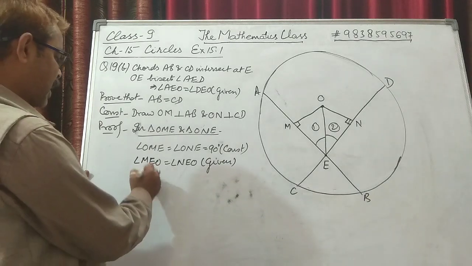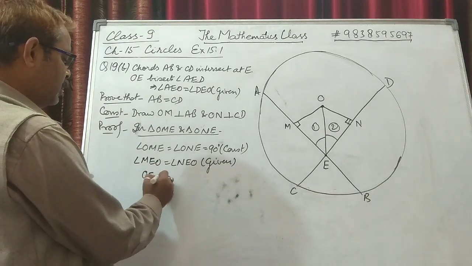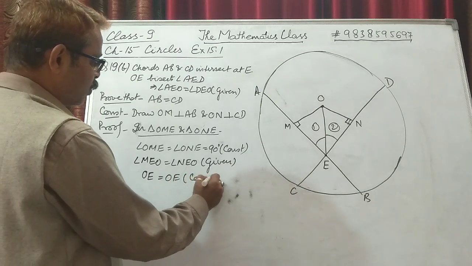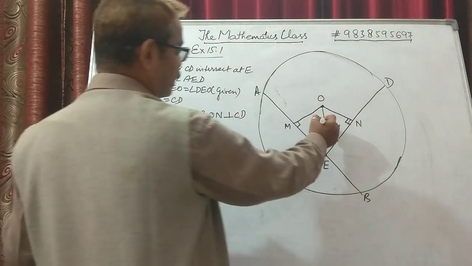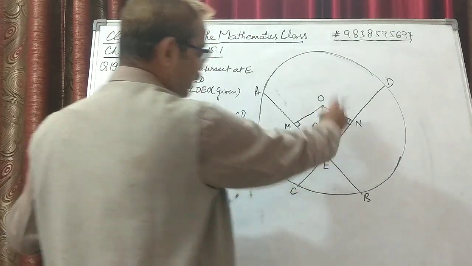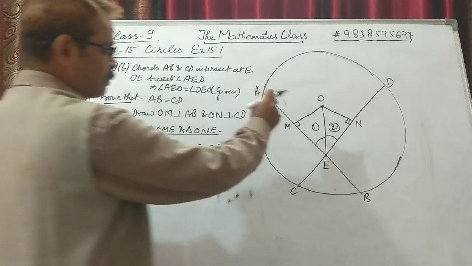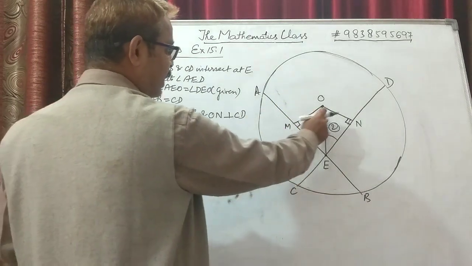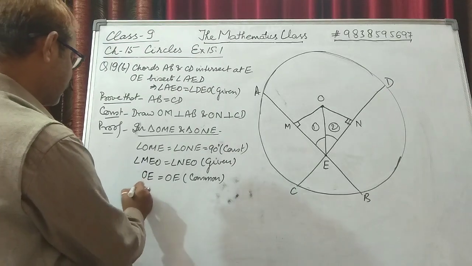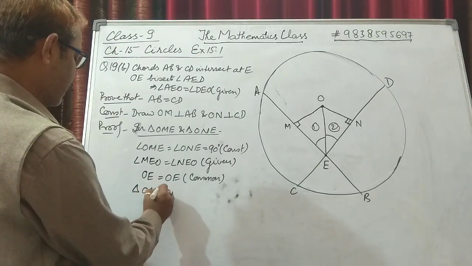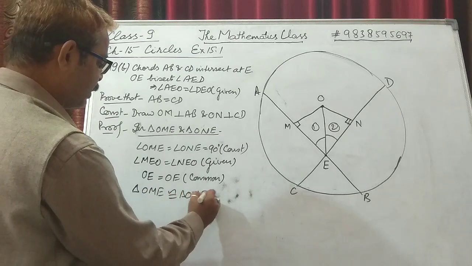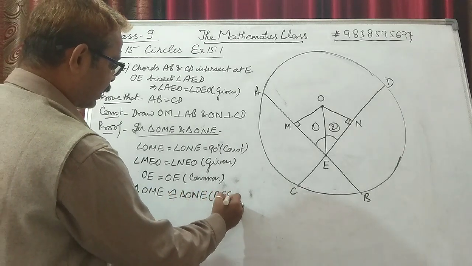Third thing, we can say that OE is equal to OE. In both the triangles, OE is common. You can see this OE belongs to the first triangle as well as the second triangle. So by angle-angle-side, these two triangles are congruent. So triangle OME is congruent to triangle ONE, and the reason is AAS.